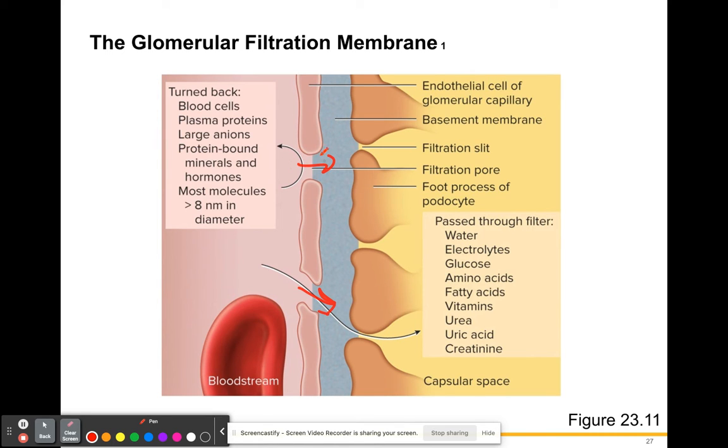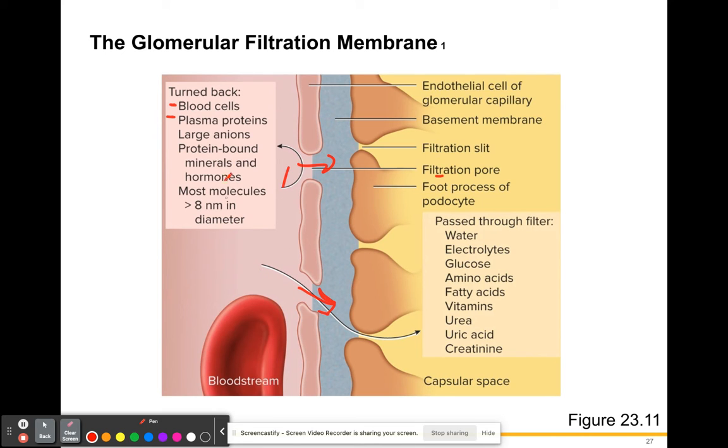Okay, this filtration pore is going to be where things that are small enough can move from the glomerulus into that space in between the Bowman's capsule and the glomerulus. Okay, so blood cells cannot move through there, so blood cells will stay. Okay, so there's things that stay. Number one, blood cells. Two, plasma proteins. Okay, like I said before, we don't want our proteins to move into the filtrate.